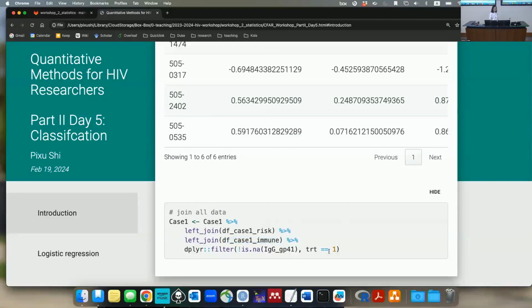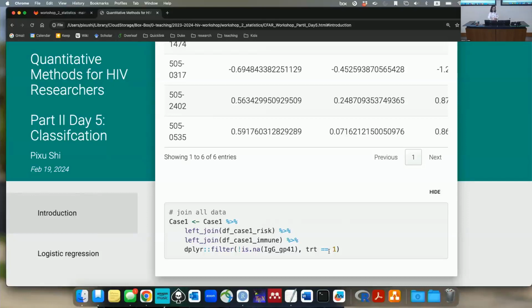And I want to see among the vaccinated patients, how many of them got the HIV at week 28, and what are the risk factors that are contributing to that. And for this specific data set, we're using the HIV status at 28 week as the binary outcome. This is just for illustration purposes.